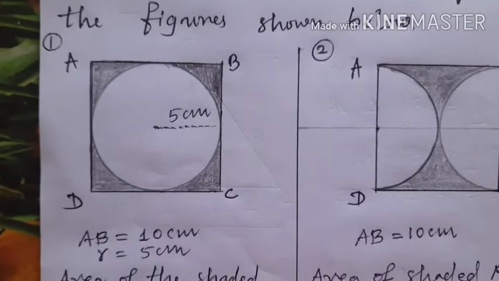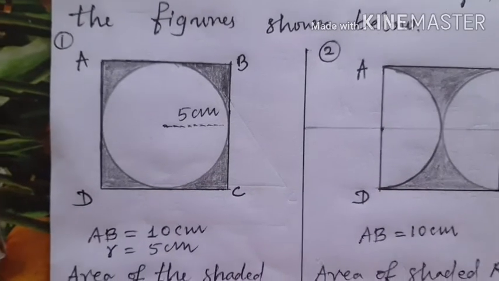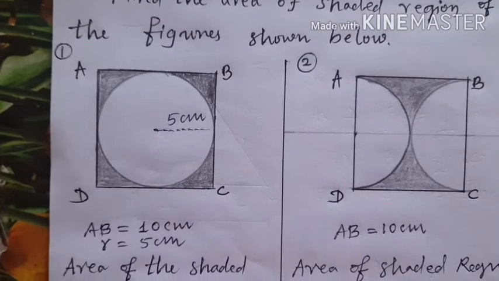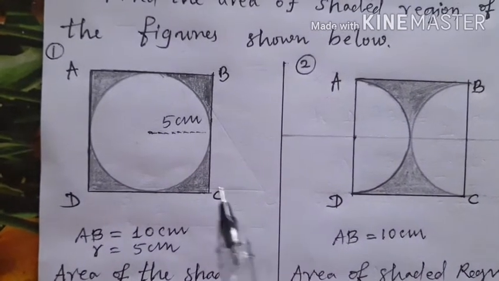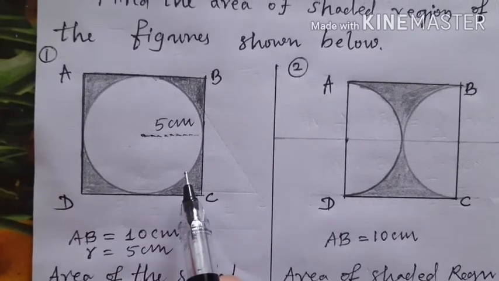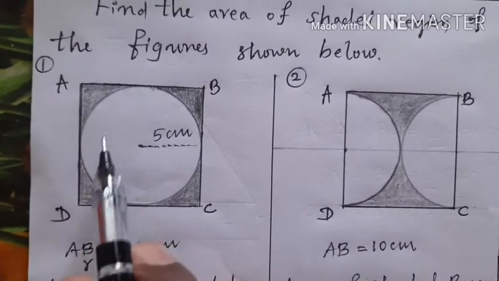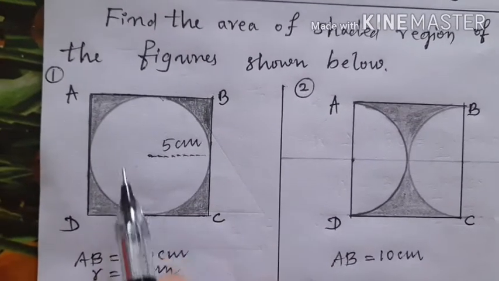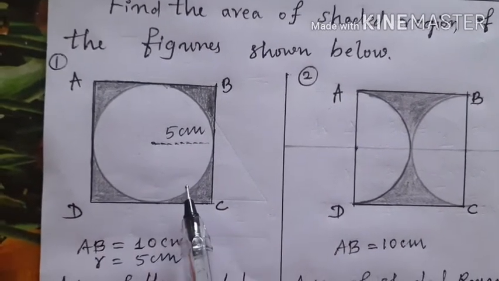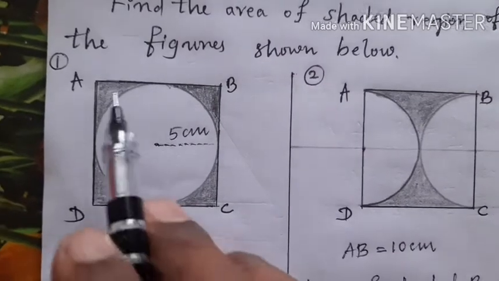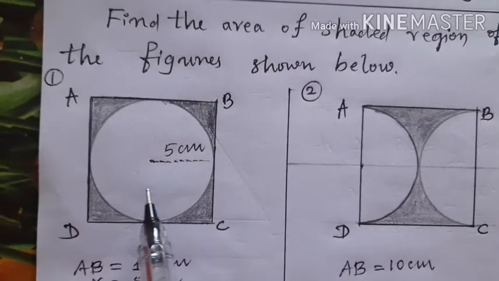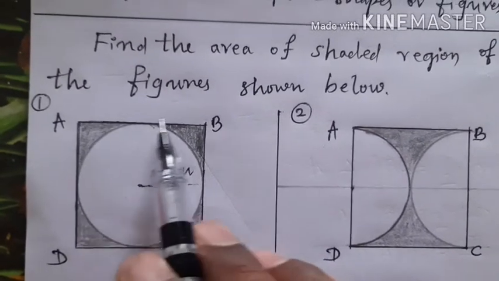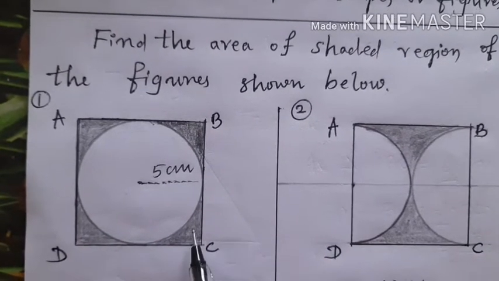Now, children, let us understand what we mean by the combination of plane shapes. Let us look at figure number 1. This is not a basic shape, or not a single shape. This is the combination of a square and a circle, and here some area has been shaded.